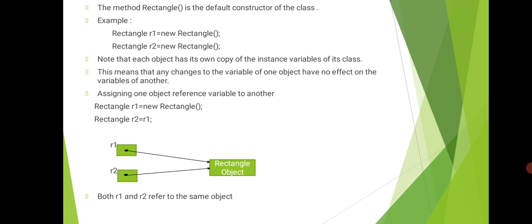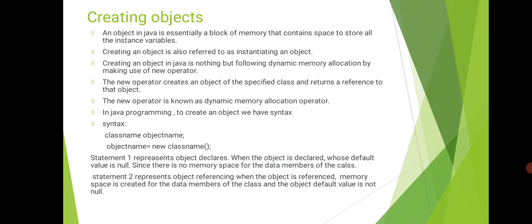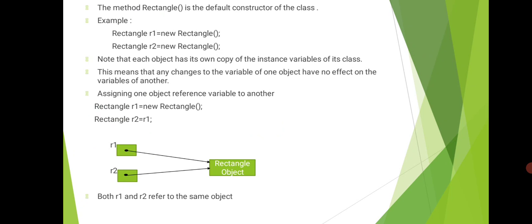So here in the figure we show that R1 is created and it is pointing to the rectangle object. Similarly, R2 is declared but it is assigned to the same location as R1.